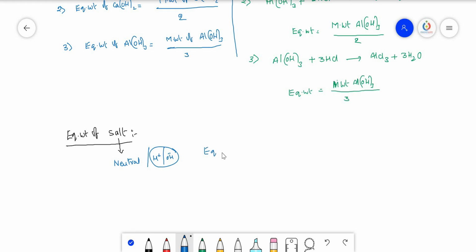Salt contains only charge. Equivalent weight of a salt is equal to molecular weight of salt divided by the charge on either cation or anion. Any value you have to take.